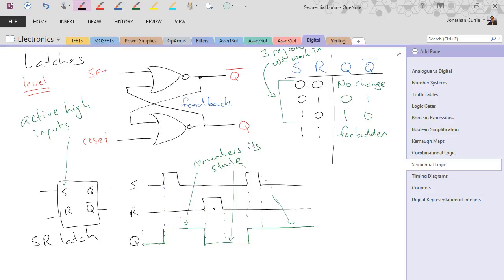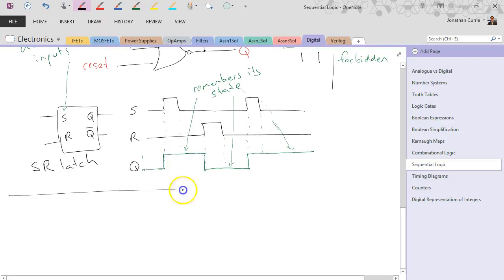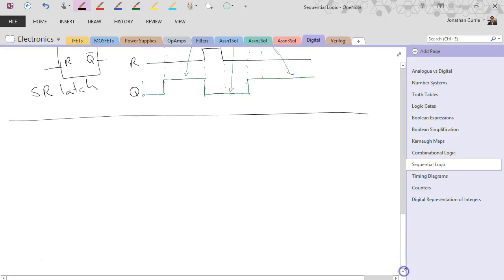When we get to flip-flops, they are actually incredibly similar. So flip-flops, and there's quite a large number of flip-flops. First one we're going to look at is the D flip-flop.